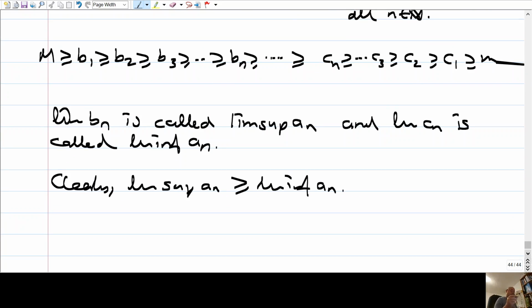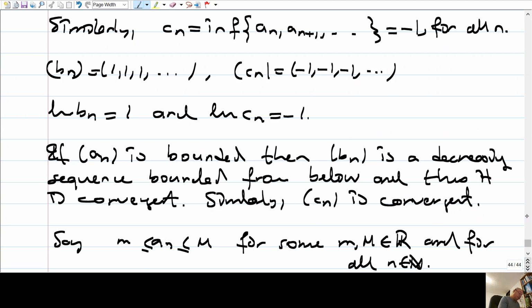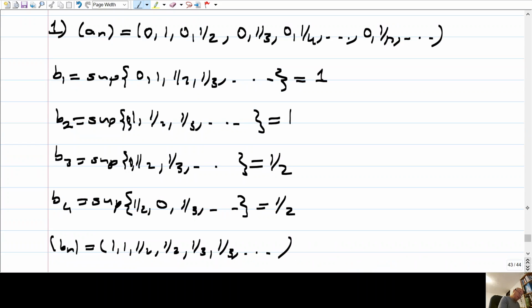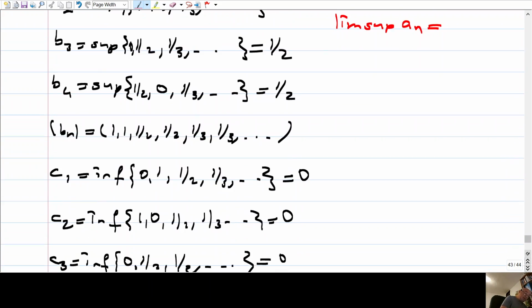The question is, when are these two limits equal? If we go back to our examples, this was an. What was lim sup an in this case? The limit of the Bn's was 0, right?